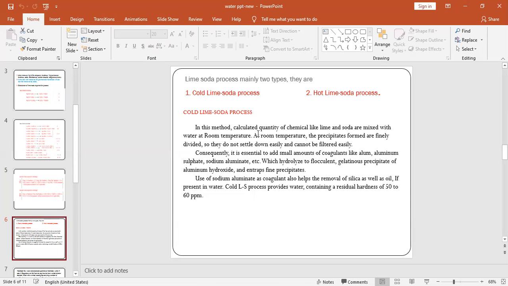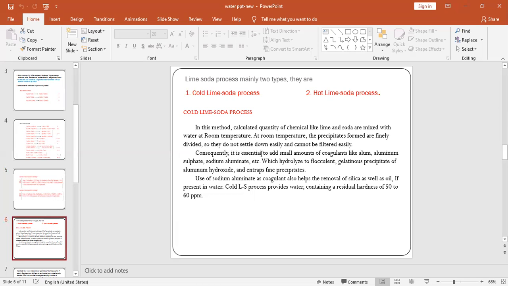Cold lime soda process. In this method, calculated amounts of chemicals like lime and soda are mixed with water at room temperature. At room temperature, the precipitates formed are finely divided, so they do not settle down easily and cannot be filtered easily.